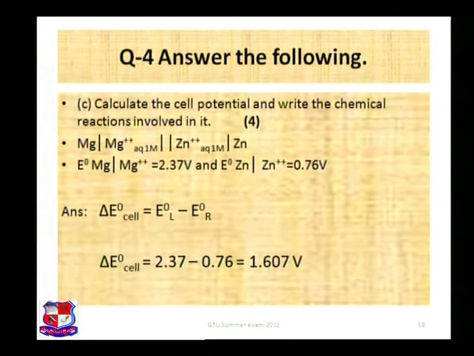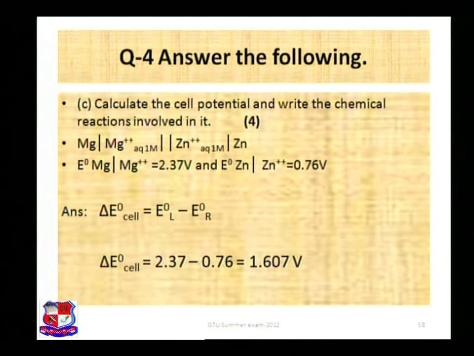Let us see an important sum from the chapter corrosion, that you can read here very clearly. Calculate the cell potential and write the chemical reaction involved in it. In that you can see very clearly, two electrodes are given, magnesium and zinc.